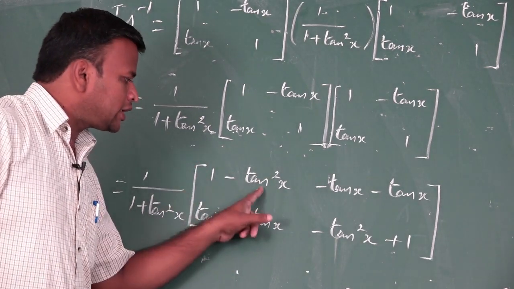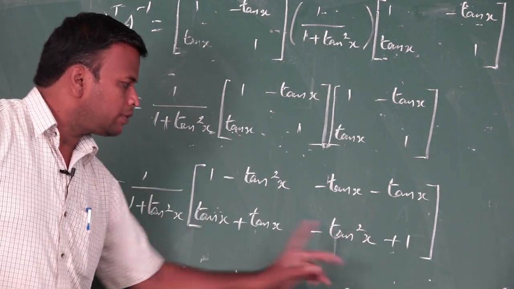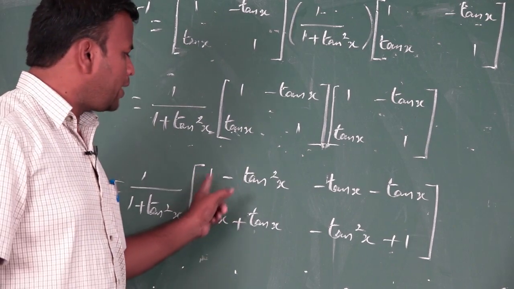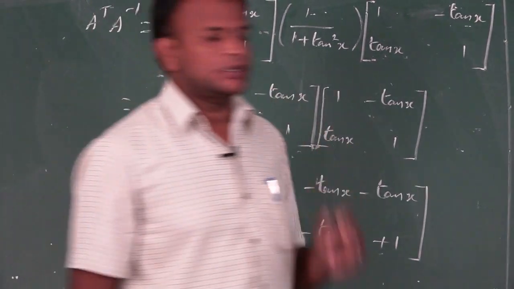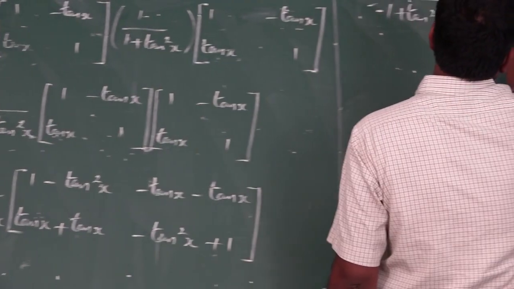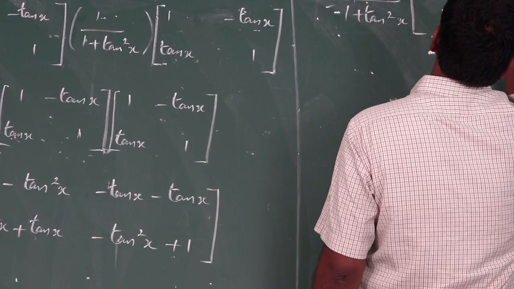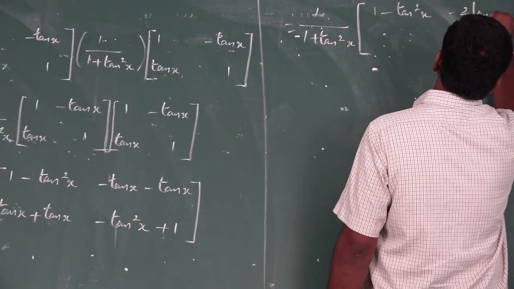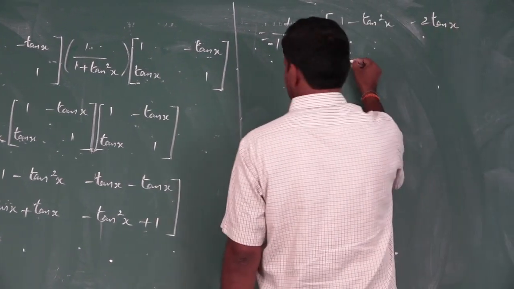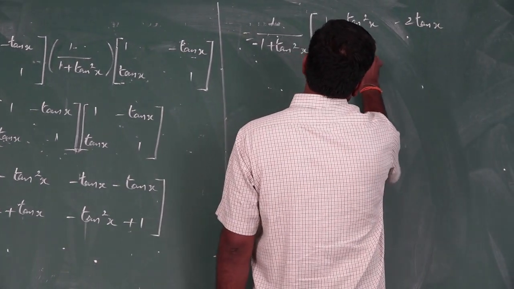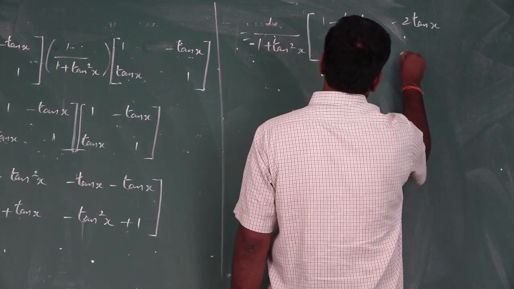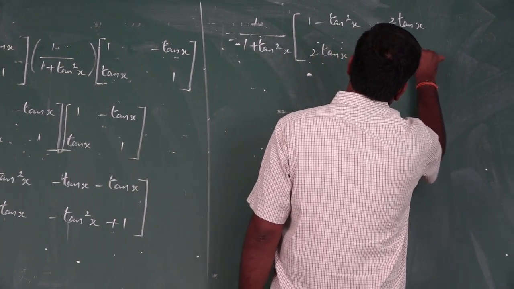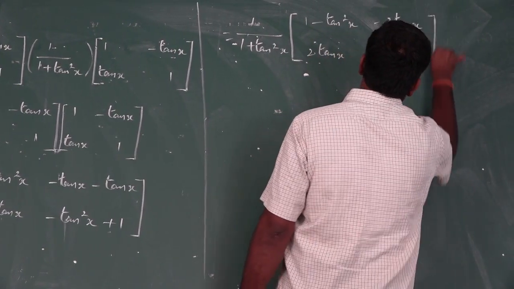So 1 minus tan square x, here also we write 1 minus tan square x. So 1 minus tan square x is the first element. The next one, minus 2 tan x. Here 2 tan x. Next one is 1 minus tan square x.